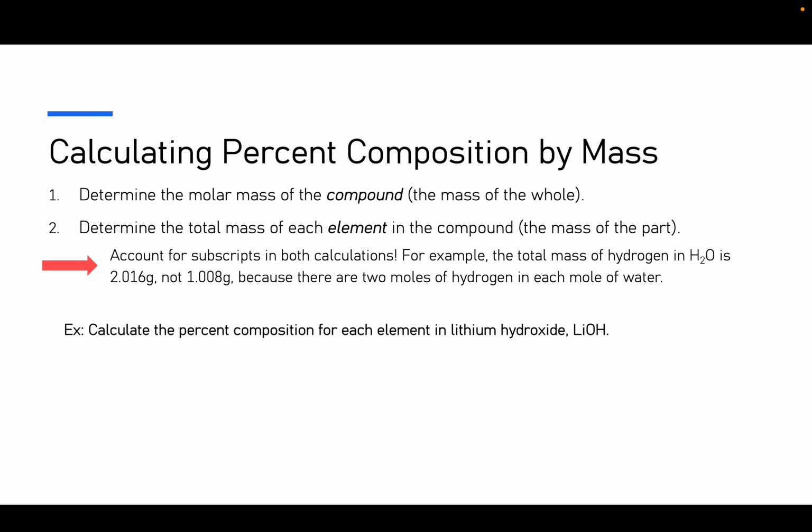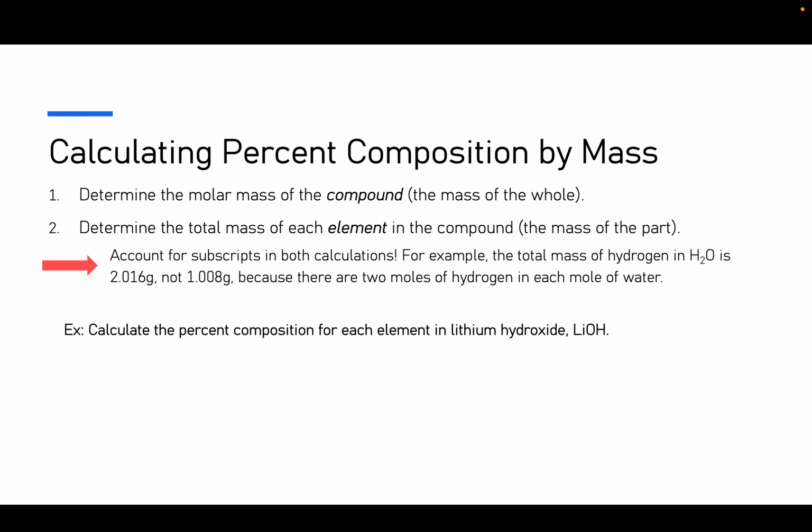You're going to use the molar mass from the periodic table and the formula to determine both the total molar mass of the compound, which is the mass of the whole, right? It's going in the denominator, and then the total masses of each separate element in the compound. And I put this little note here. You have to account for the subscripts.